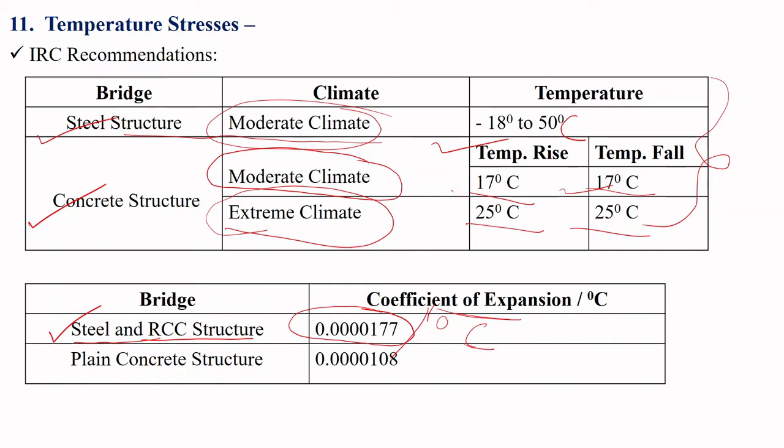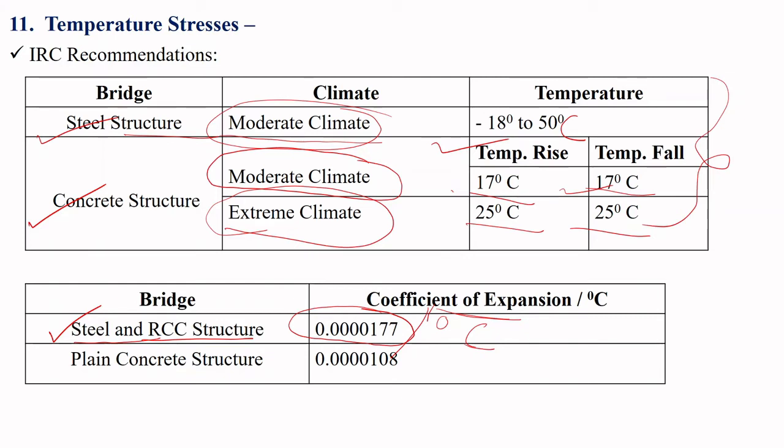Now remember the value, and let's see how many zeros there are. After the point there are four zeros and then 177, which is very important. They will give the options, that is they will give 30 or they will give 20, so there may be slight confusion between the values.